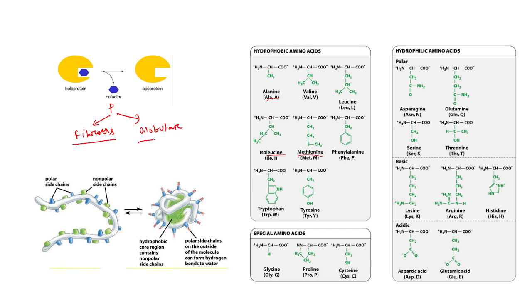So what is the fibrous? They are single rod-shaped structures. What is the globular? They are the globe or round-shaped structures. Because of this rod-like structure, the fibrous is insoluble in water, while the globular are soluble in water.